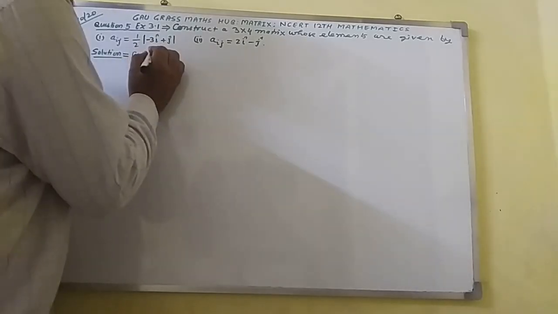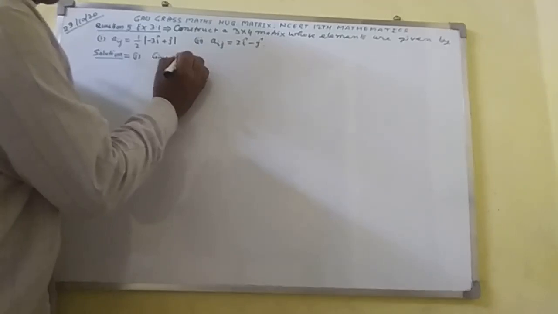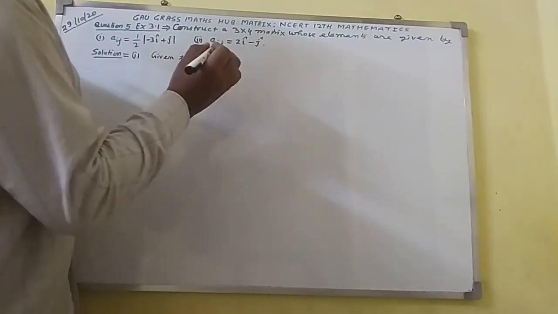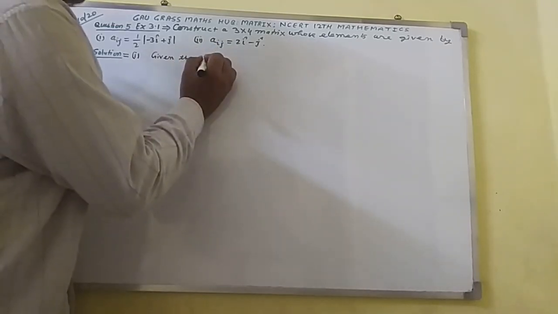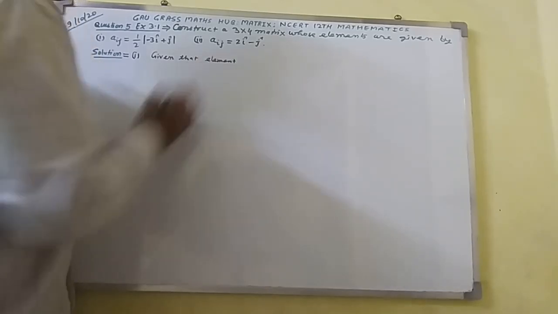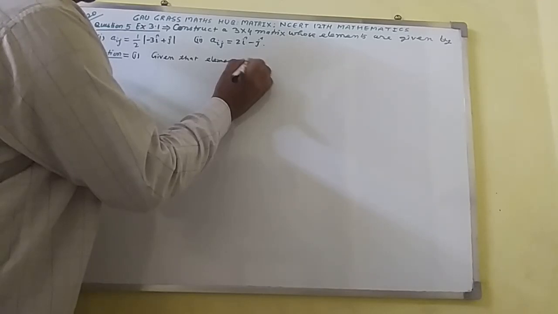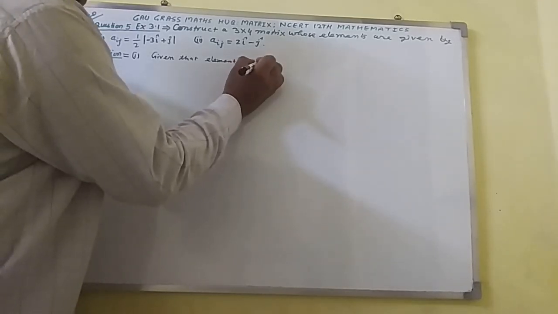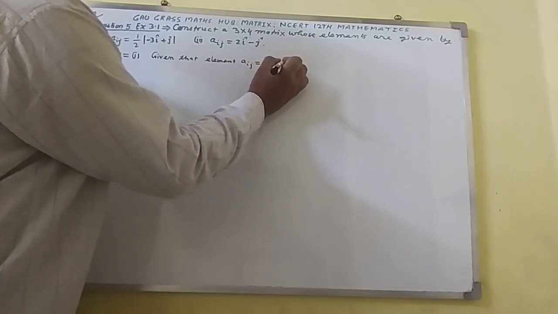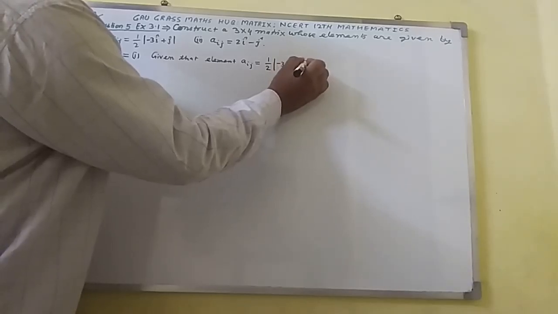Given that, the element aij is equal to 1/2 |-3i + j|.